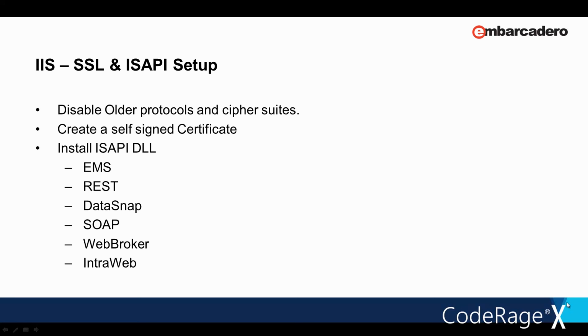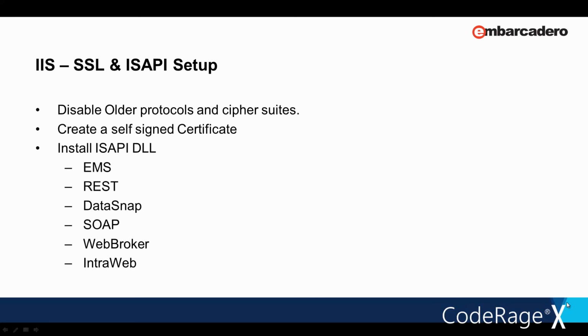EMS, REST, DataSnap, SOAP, Web Broker, Intraweb, most of all of Delphi's web solutions involve an option to produce an Icehappy DLL, or one's already produced for you. Anyway, the cool thing is once we show you how to do one, you'll be able to do them all.